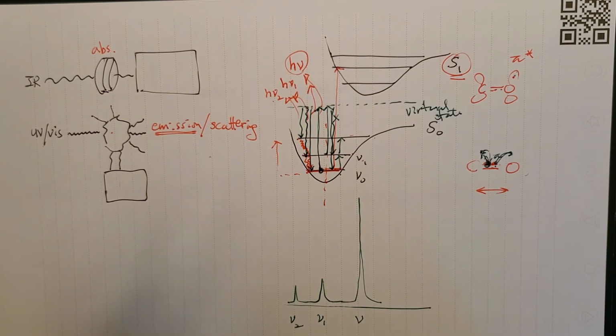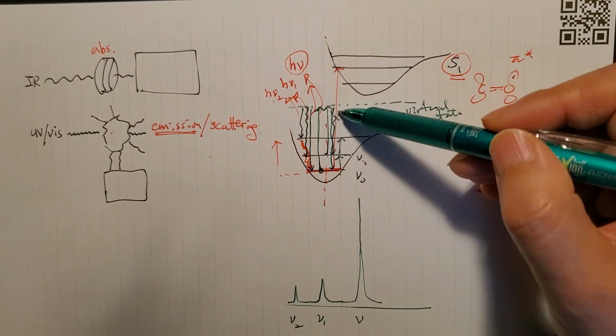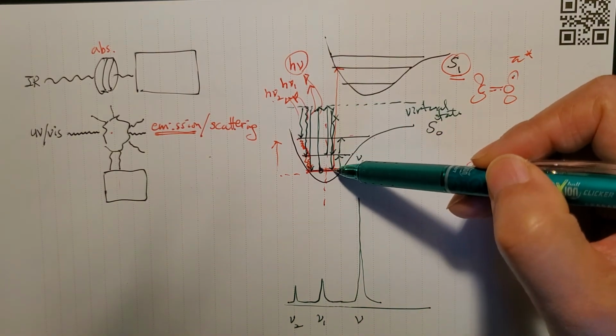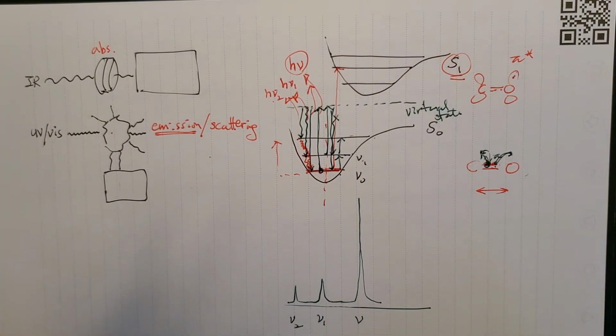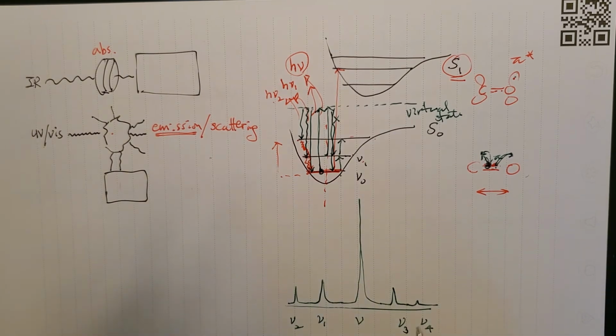So sometimes you can see that you are getting higher energy light coming out than you gave. Okay. So you can show something like this. More than the original light, you have higher frequency, and even higher frequency energy light can come out. Okay.